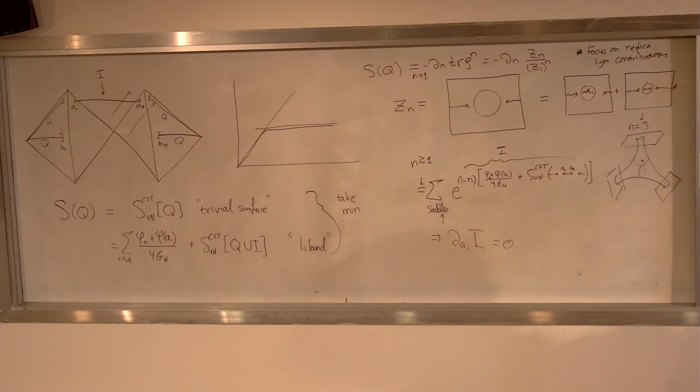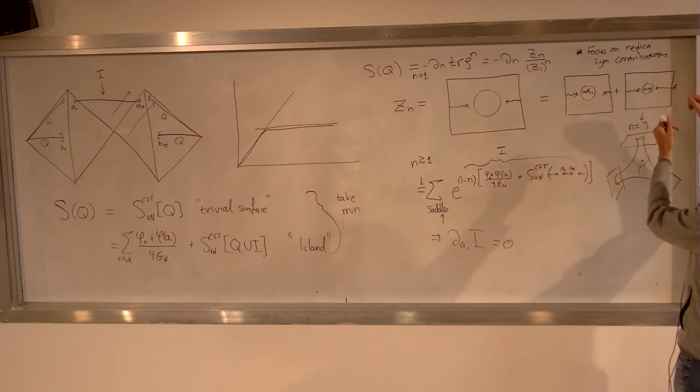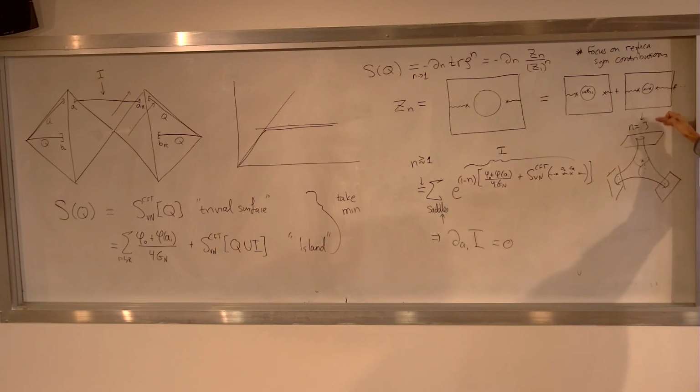Another one is where you have a branch cut inside the gravity region. Okay? Just to picture what that means, for the case of n equals 3, it looks something like this.